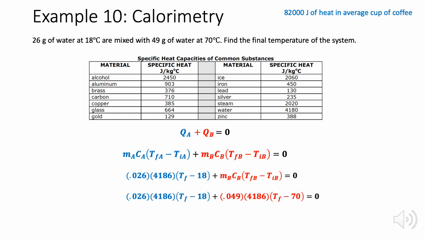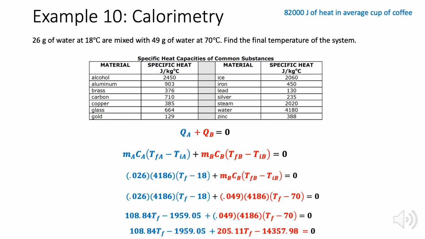If I distribute the first sample, I'll get what's in blue. And if I distribute the second sample, I'll get that last line right there. Combining like terms, we'll get this. All I did was add the TFs together and add the constant numbers together.